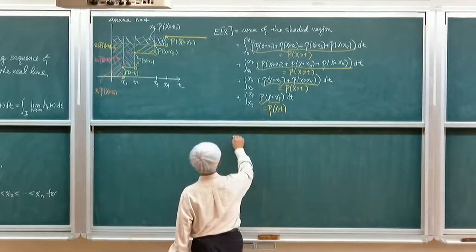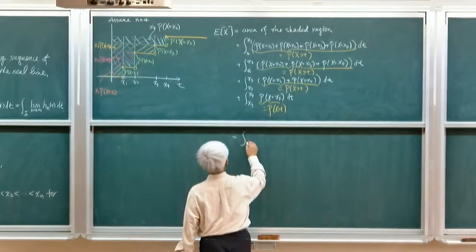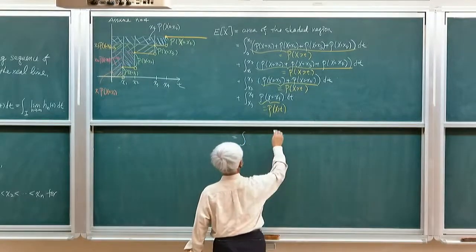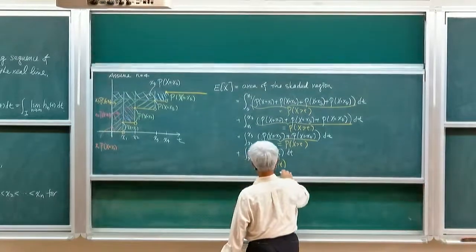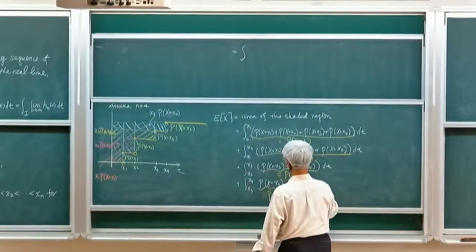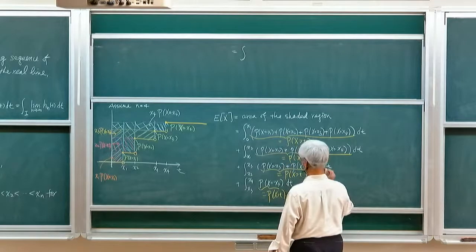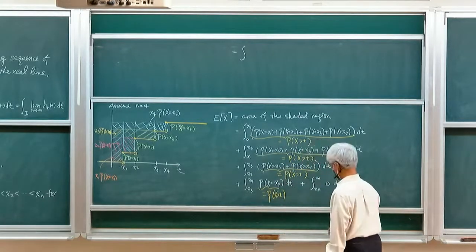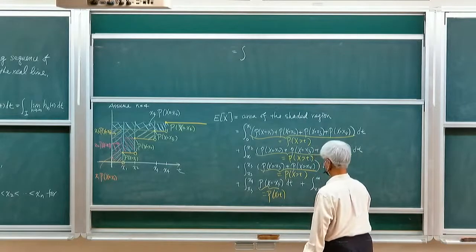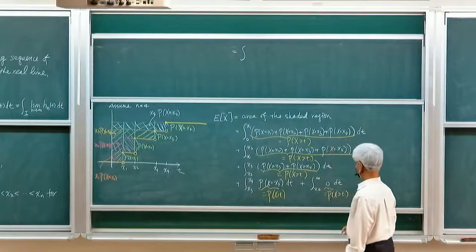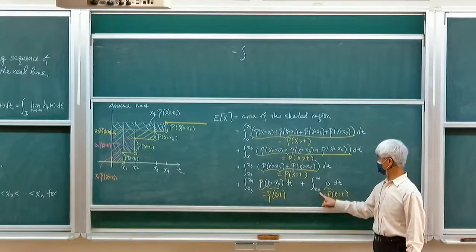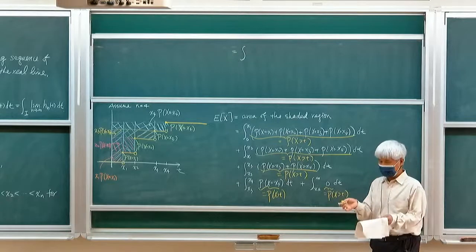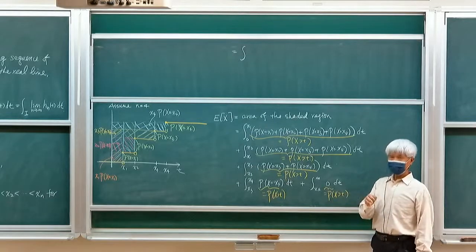And of course the last one is from x4 to infinity, and this will be 0, dt. This 0 is also equal to the probability of X greater than t, because X has values x1, x2, x3, and x4.